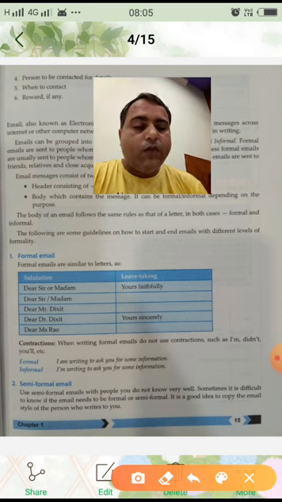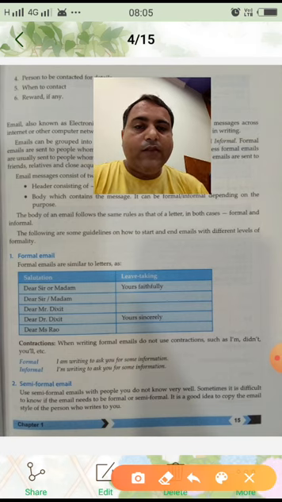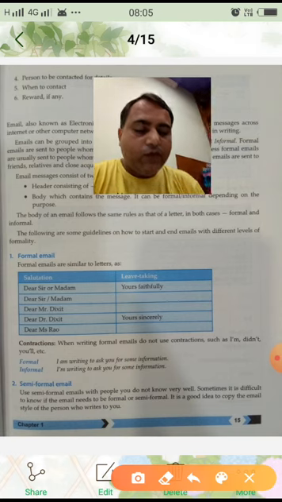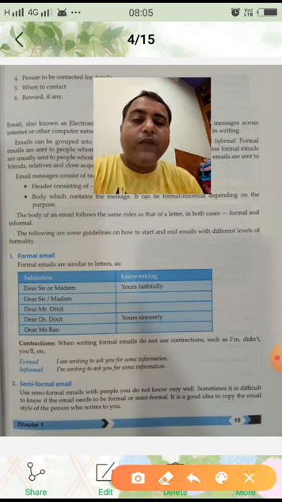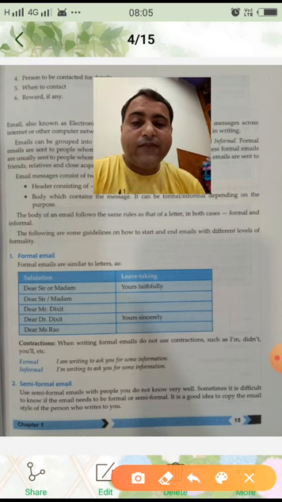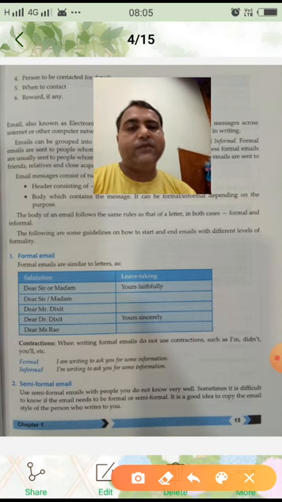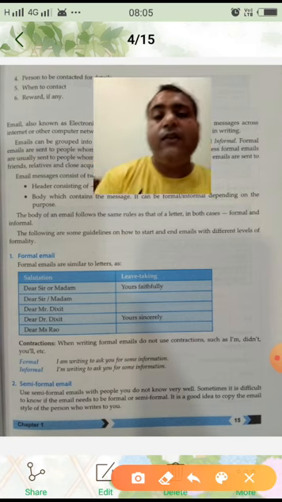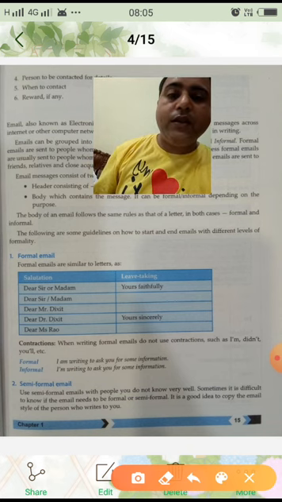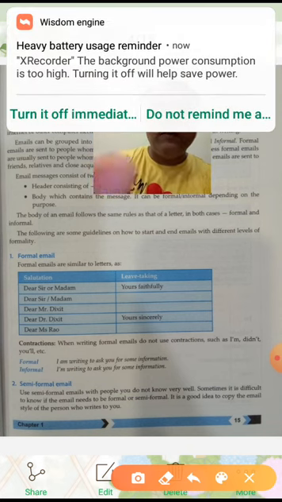So we write such kinds of semi-formal emails. Now use semi-formal emails with people you do not know very well. Sometimes it is difficult to know if the email needs to be formal or semi-formal. Sometimes we fail to understand whether we have to write a formal or a semi-formal email.